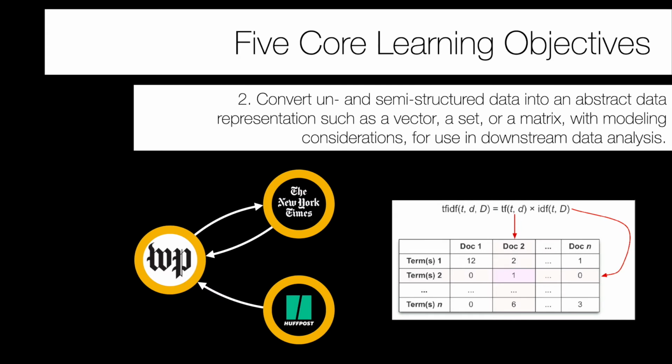Converting these kinds of structures or the content in these websites into matrices that are made up of terms and documents. How do we weight these terms and documents in a way that lets us account for extremely common language? So a thing we'll talk about, maybe you've been exposed to in a natural language processing course, things like stop words that are extremely common words that have grammatical value but less informational value.